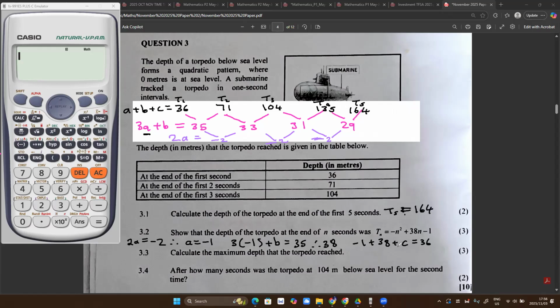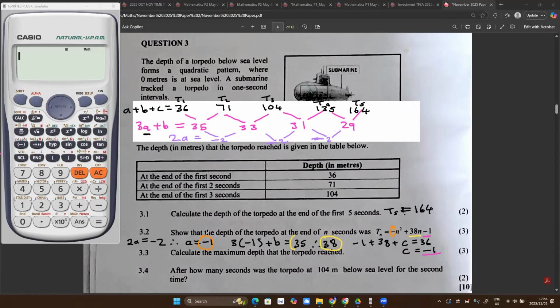And we see that 38 minus 1 is 37, take that across, 36 minus 37, c is equal to negative 1, and we have indeed proved that it is. There's the negative 1 in orange. Let's show the 38 in yellow. Okay, so that's over there. And then the c is negative 1. So it's all looking excellent so far.